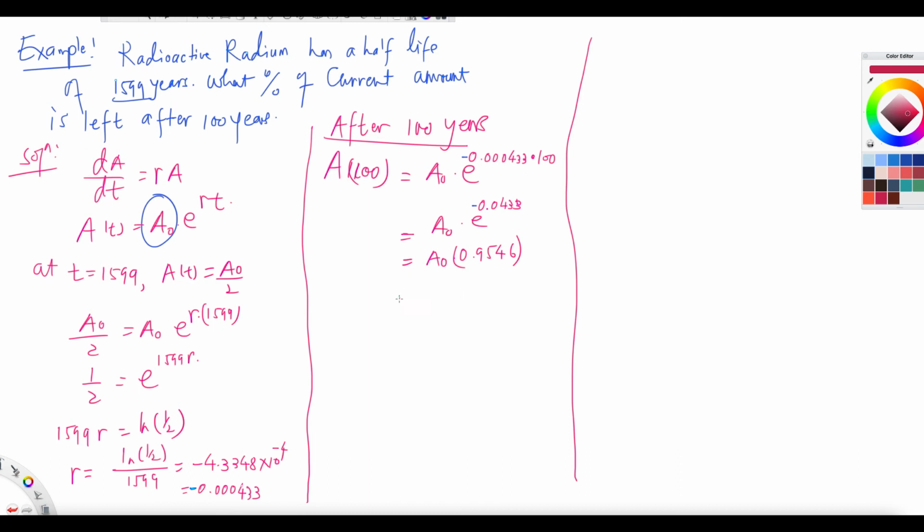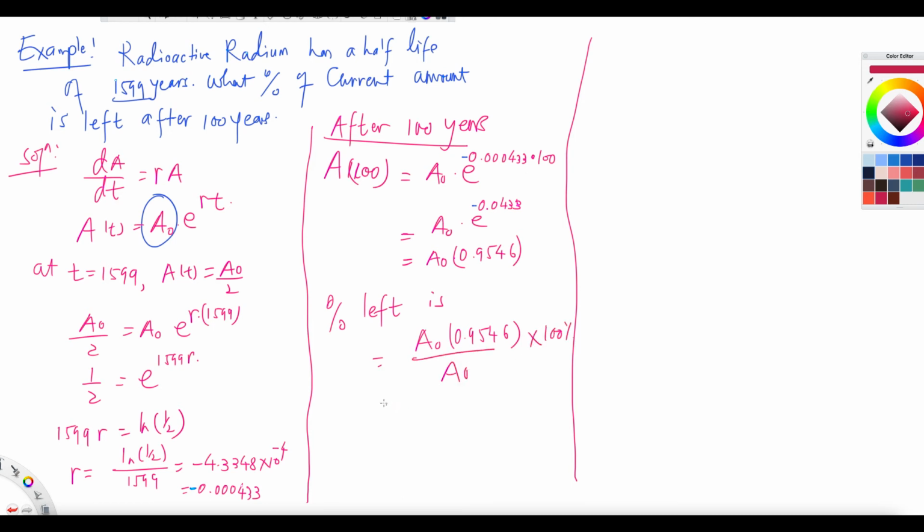So how much is this value from the given value? What percent of the current amount is left after that? The percentage left is A0 times 0.9546 divided by A0, times 100%, right?